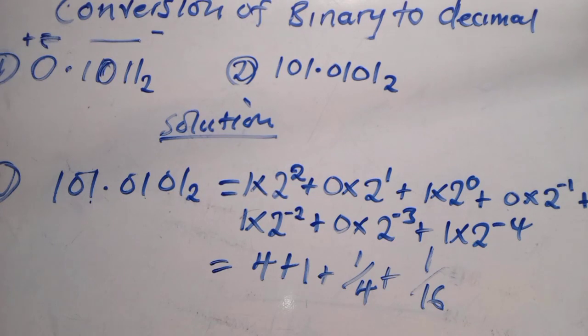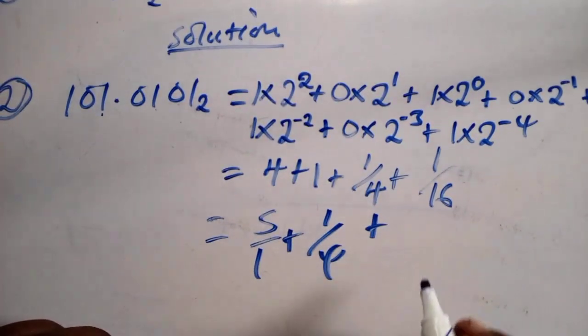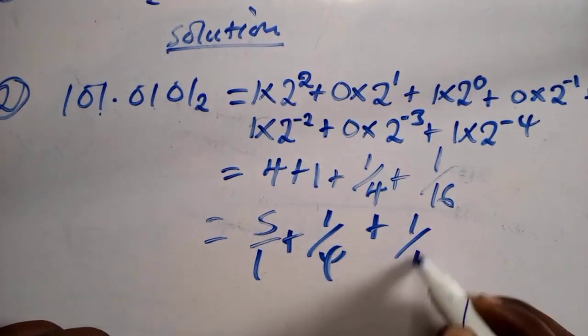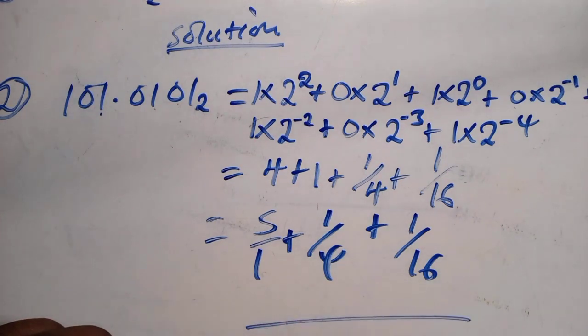So now let's try to simplify, in which 4 plus 1, which is 5, over 1, plus 1 over 4, plus 1 over 16. So let's look for a common denominator here, which will be 16.